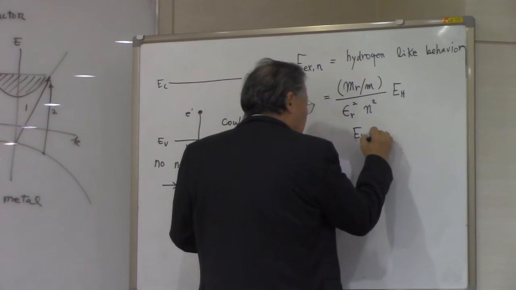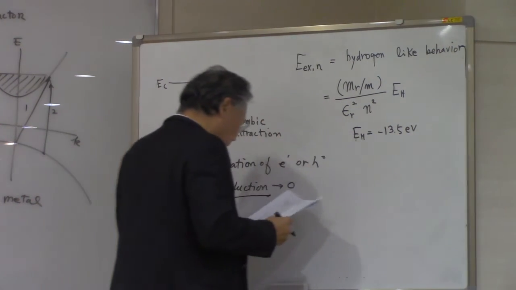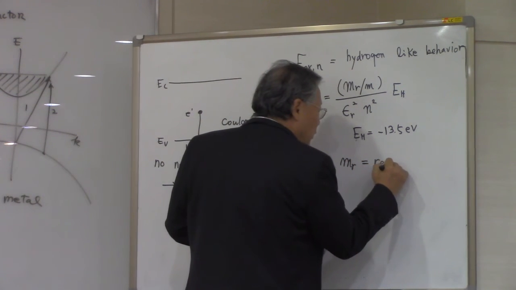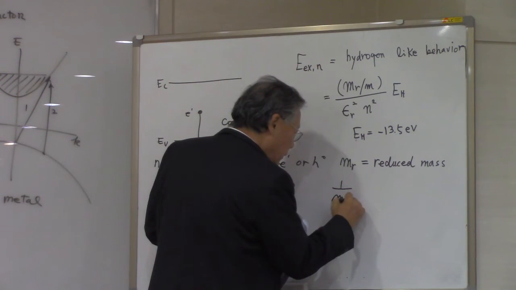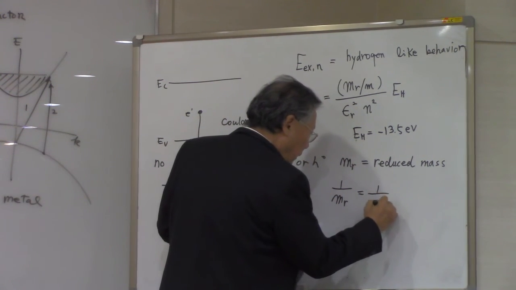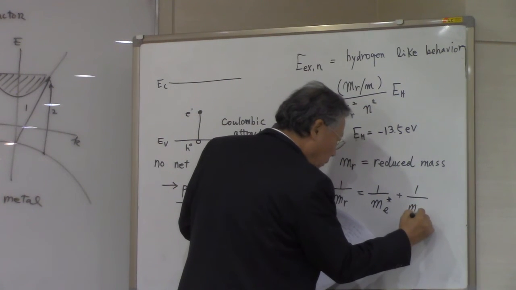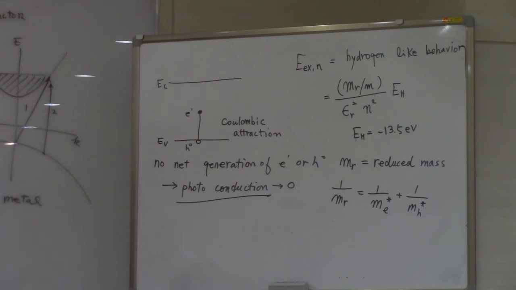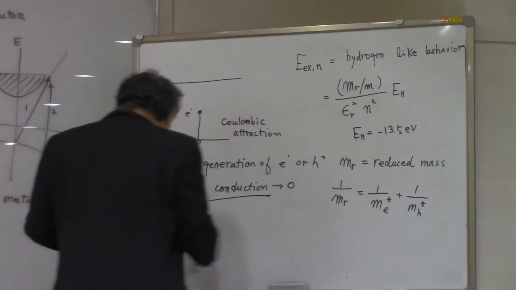And here the ground state of the hydrogen is 13.6 electron volts. And m_R is called the reduced mass, and 1 over m_R is 1 over m of the electron plus 1 over m of the hole. In other words, the effective mass in the conduction band and the effective mass in the valence band are averaged out in this fashion, and we call that the reduced mass, which should be used for that.